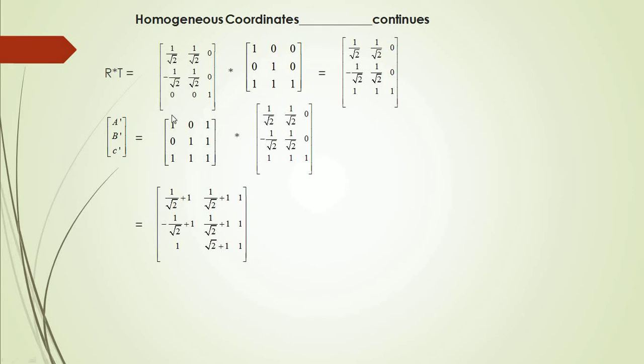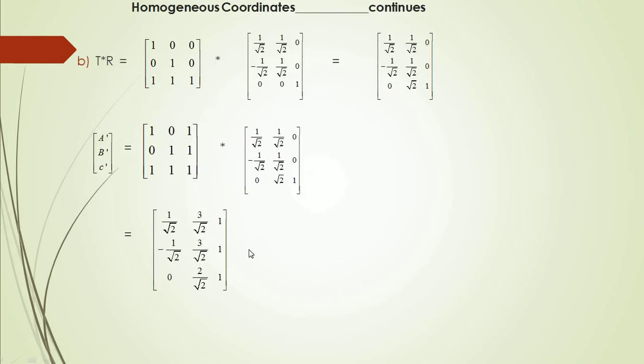This matrix is multiplied with the resultant matrix, and we get the answer: 1 by root 2 plus 1, 1 by root 2 plus 1, 1, minus 1 by root 2 plus 1, 1 by root 2 plus 1, 1, and so on.